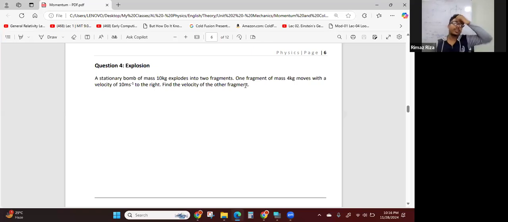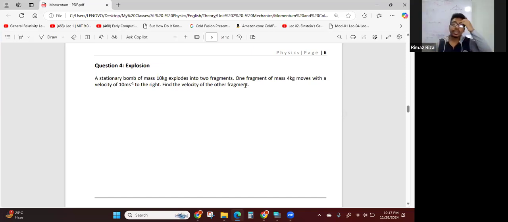Let's say something triggers it, then there will be chemical reactions. All the chemical reactions happen in a very short time. We know in chemical reactions there are two types, endothermic and exothermic. Exothermic means they release heat, endothermic means they absorb heat. So there will be an exothermic reaction, a very fast reaction.